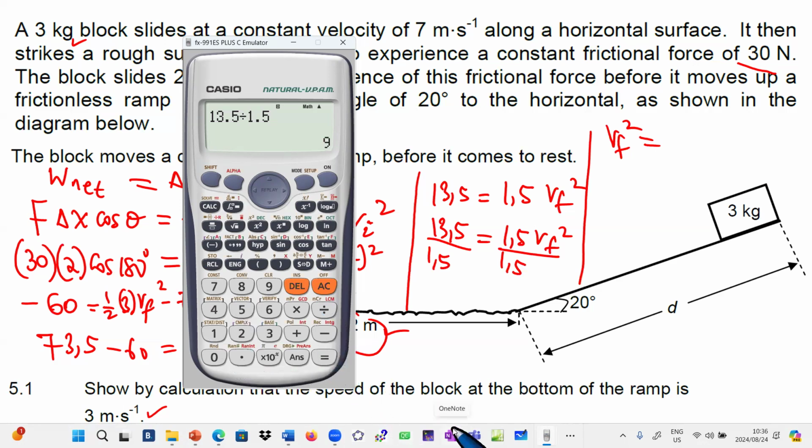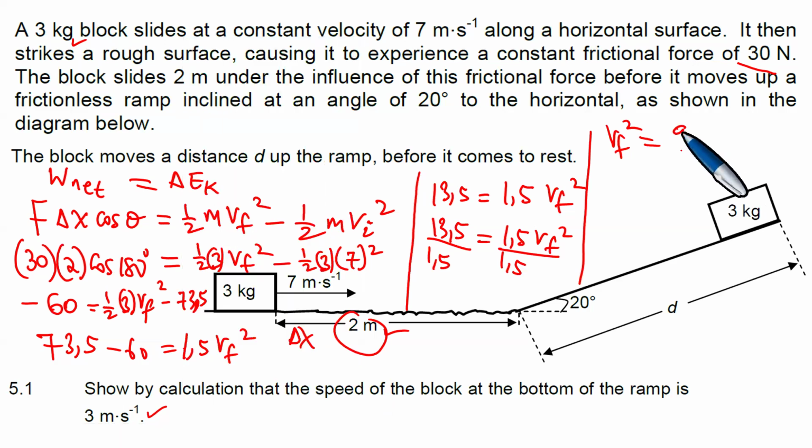It's 9. And then you take the square root, you apply the square root both sides. And this gives you the final velocity is 3 meters per second.